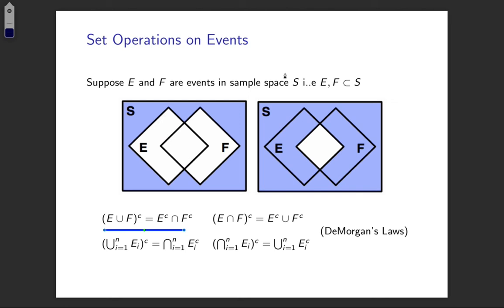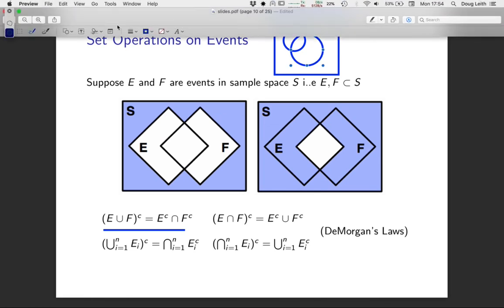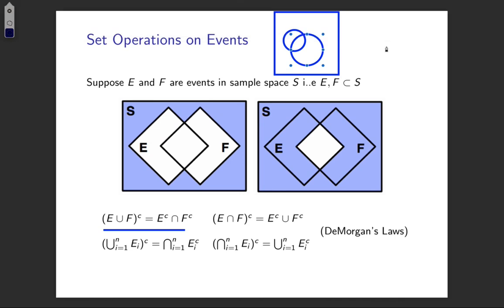So suppose we've got our setup where we've got two sets. Let's draw it up here. That's our set S. We've got a set E and a set F, right? I'll just colour them in. So E union F is the combination, everything that's in here.